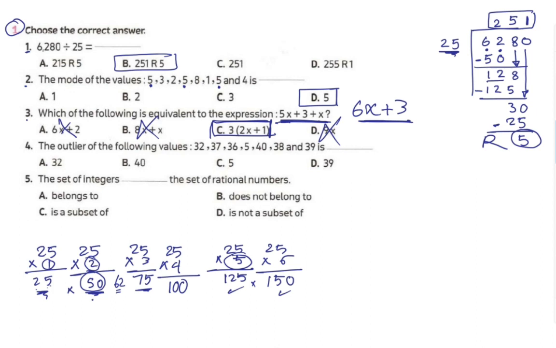Now, how did I choose this expression, and how do you know that this expression is equivalent to this? Note with me. I have here 3 multiplied by parentheses of 2x plus 1.